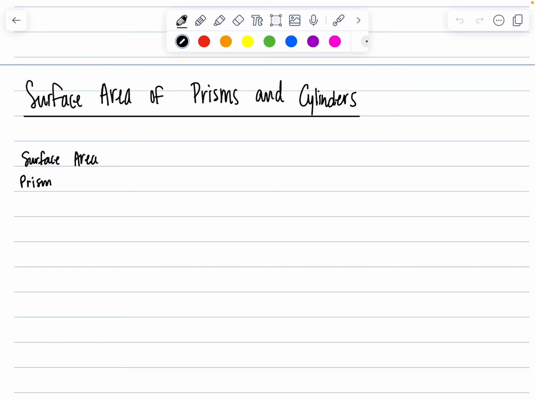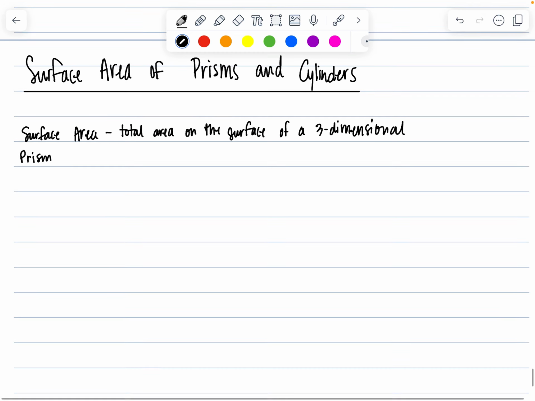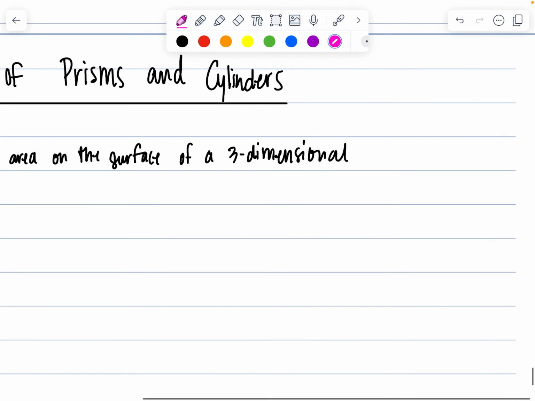Surface area is the total area on the surface or outermost part of a three-dimensional object. So if we have, for instance, a cube, it'd be the outermost part.